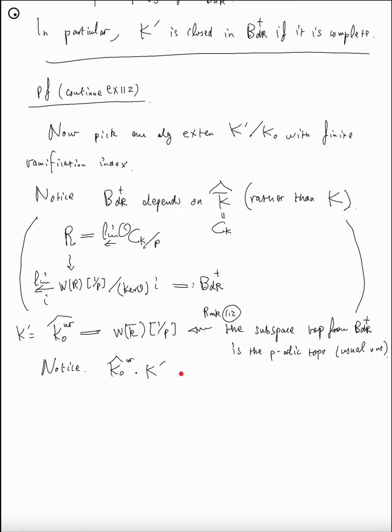But unfortunately, K prime is not necessarily this, but that's not too bad, because notice this is a finite dimensional vector space over K0, ramified.